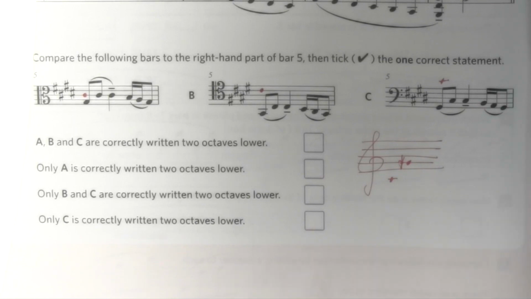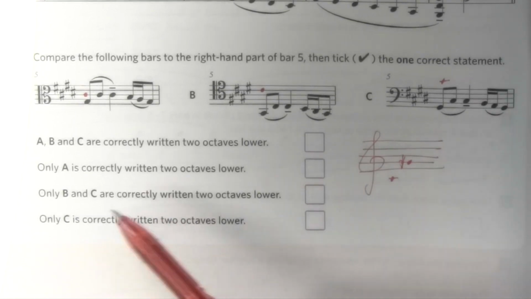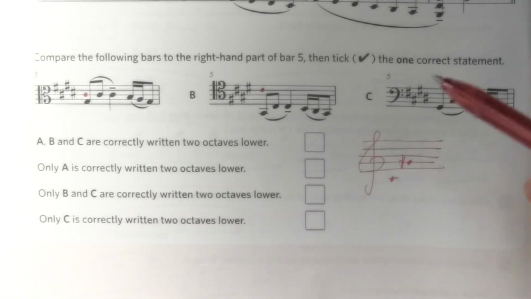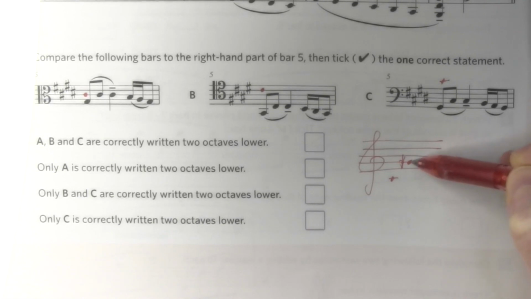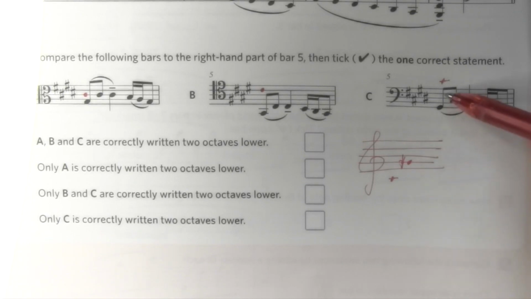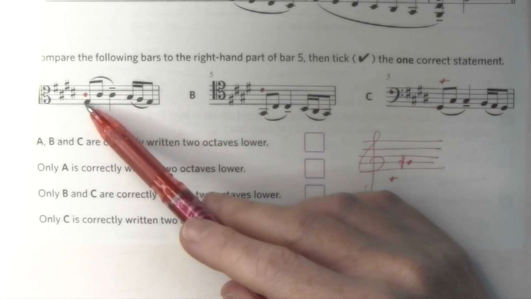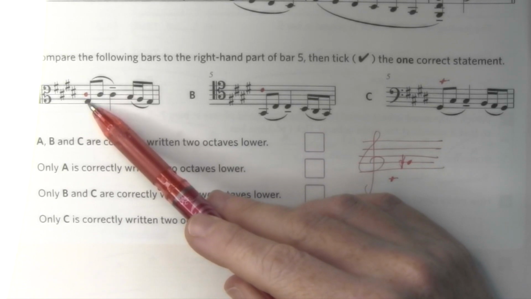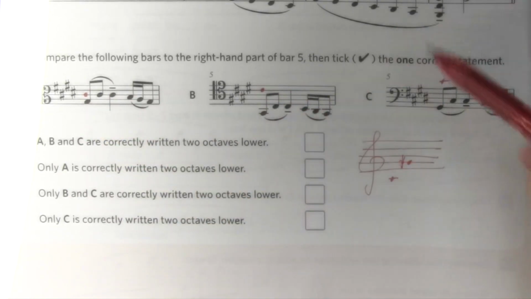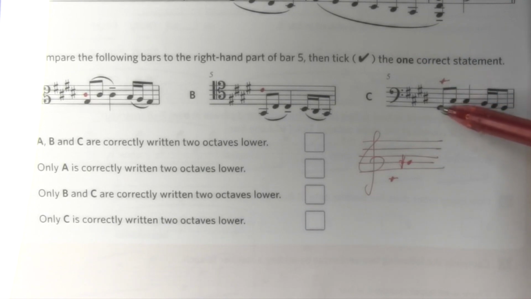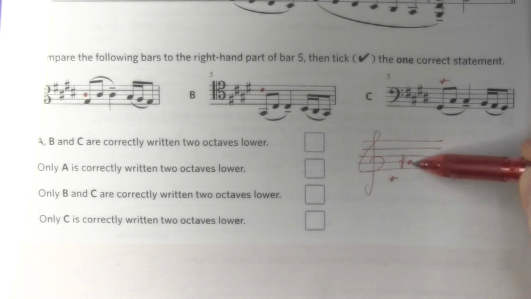Now, as I said before, let's observe the situation. This note, the original one written on the score, is above middle C. All the other ones are below. This is one octave, this is just below. This is more than one octave below, and this is more than one octave below. So this is the only one above.